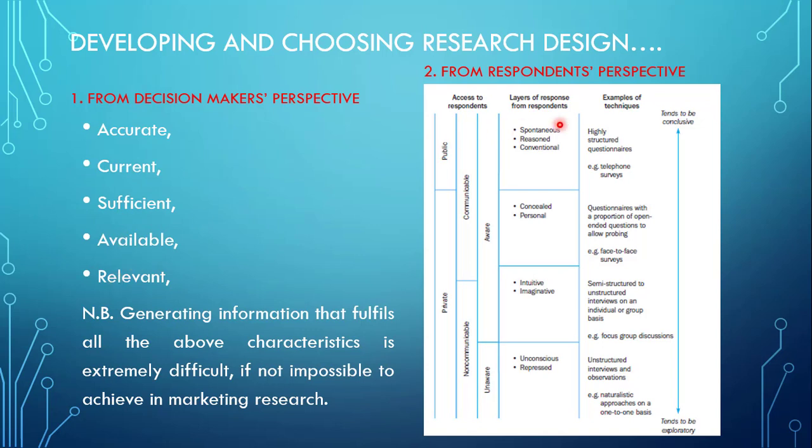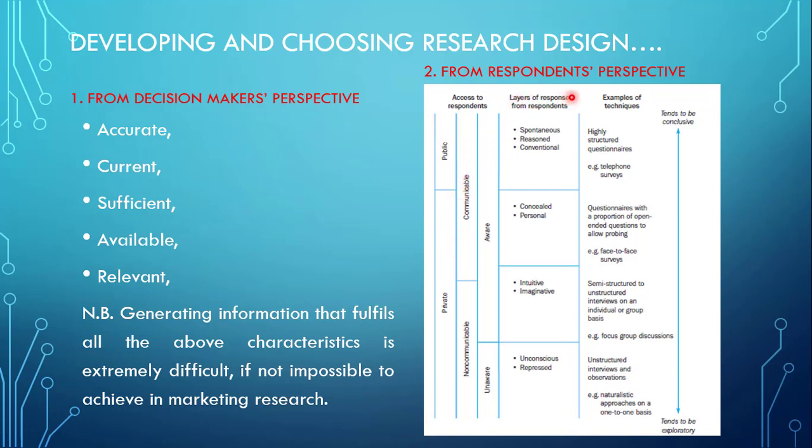From the respondent's perspective, you might see whether the respondents are public or whether the respondents are private. In terms of accessibility, this range will show you whether the respondents are accessible or not.